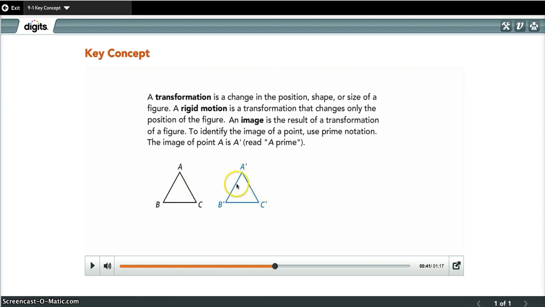All of these little tick marks next to it mean A prime, B prime, and C prime. Notice that A, B, and C are still in the same locations on the triangle. A is still on the top, B is still on the left, C is still on the right. But we name it as A prime, B prime, and C prime to tell the difference of which one came first. This is the pre-image, this is the image.